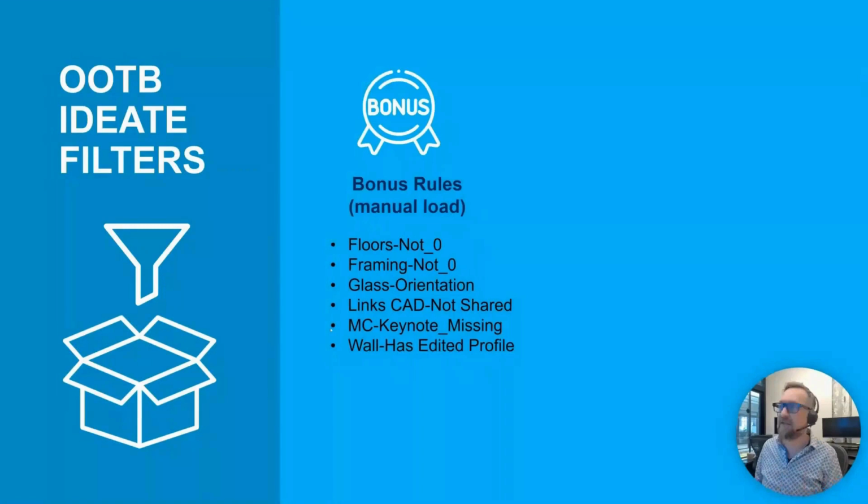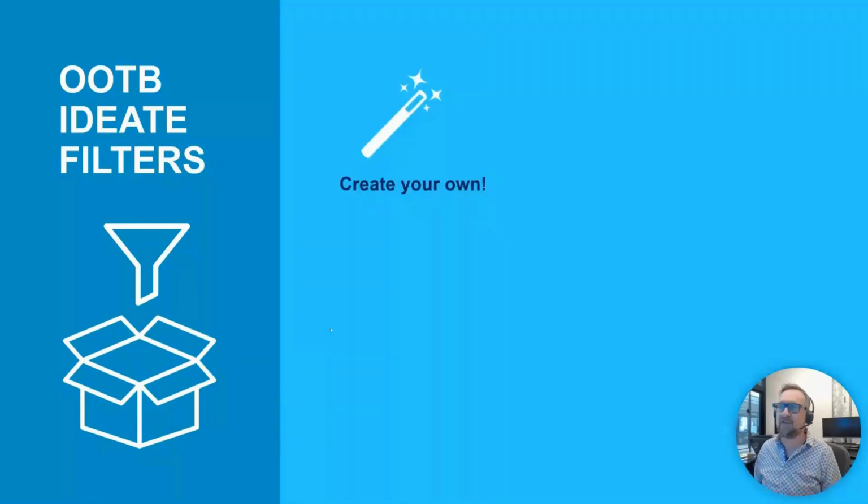And then some bonus rules you can load in, which don't come directly, but a good one here that I love is finding walls that have edited profiles. They can cause some very difficult to resolve modeling challenges, and there's really no easy way to find those just within the UI. And then we'll see how easy it is to create your own.